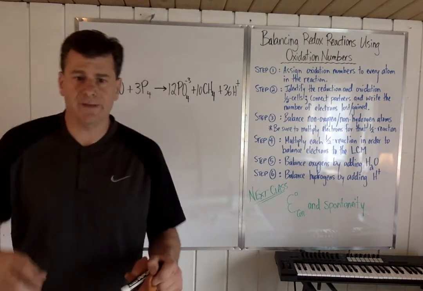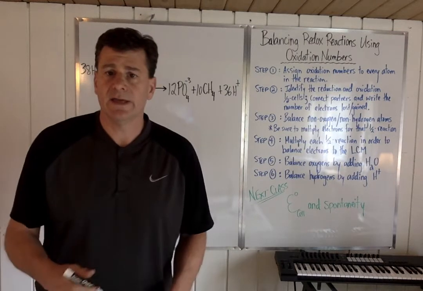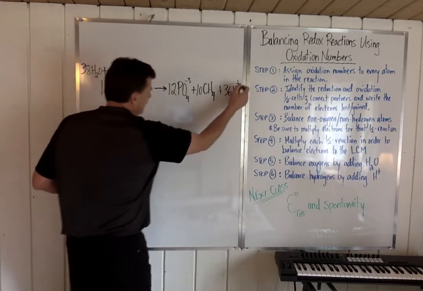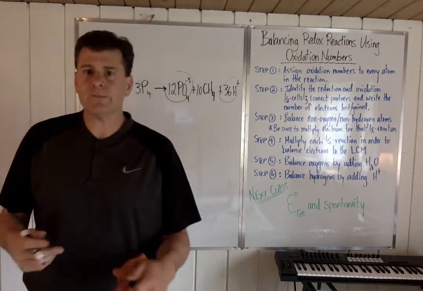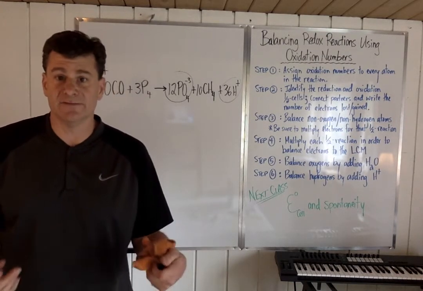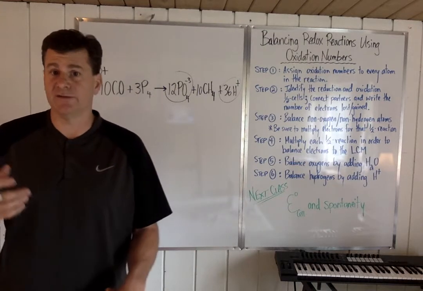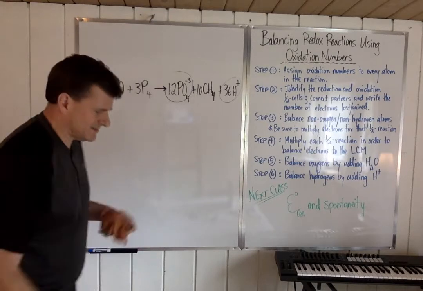The other little thing that you might notice is that these guys right here and these guys right here happen to form phosphoric acid. So 36 H pluses and 12 PO4 minus 3s, you could write it in a slightly different form.